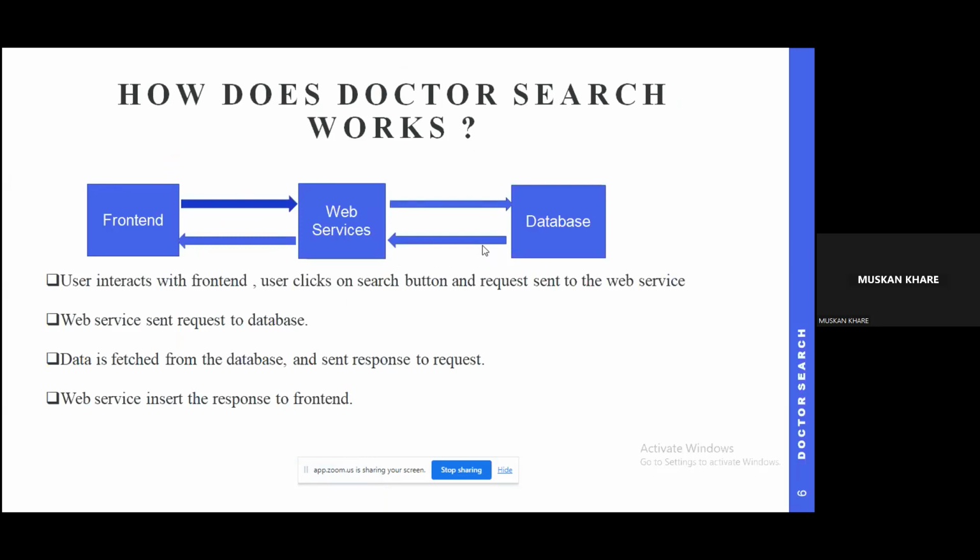The user will go and click on the search button, and from the search button our request will be sent to the web service, and the web service will send that request to the database, and from the database the data will be fetched and sent to the web service, and from the web service that data will be sent to the front end, and the user can access the list of doctors. He will get the response.